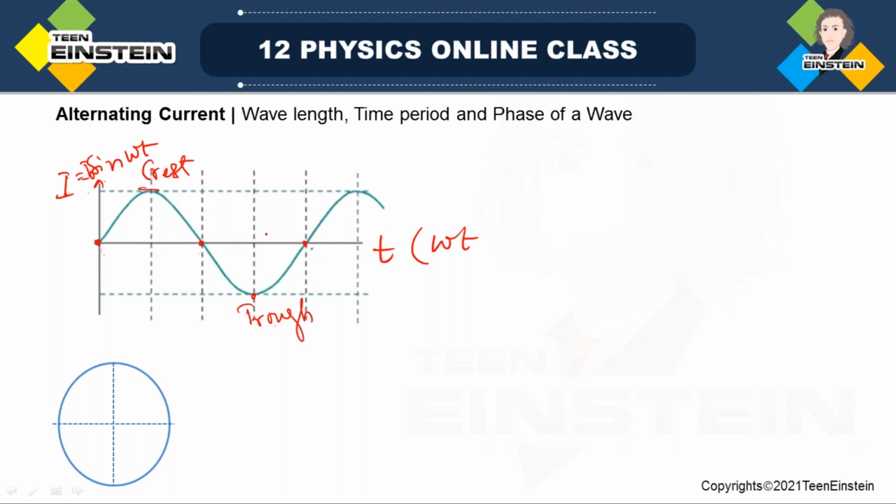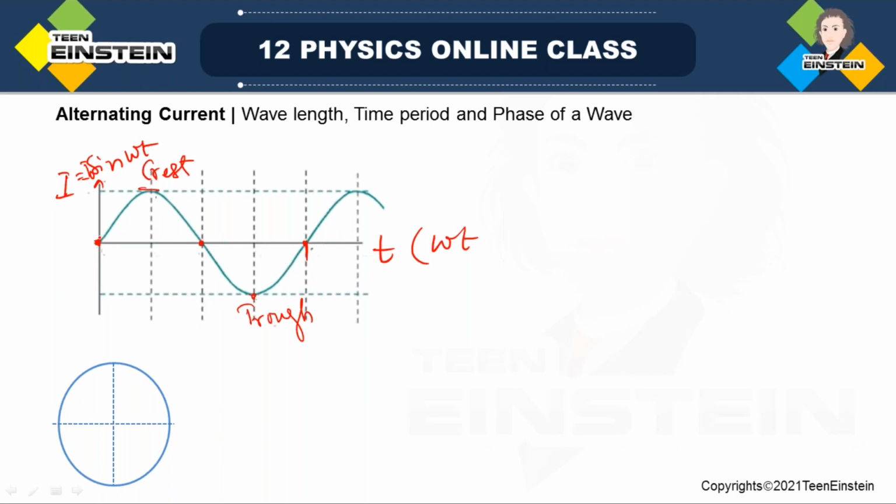The time it takes to complete a full cycle, going from 0 to maximum, back to 0, then to maximum on the other side and back to 0, is a full cycle.